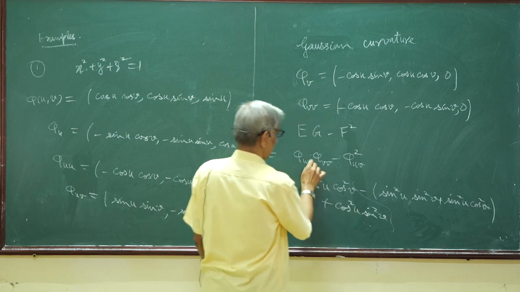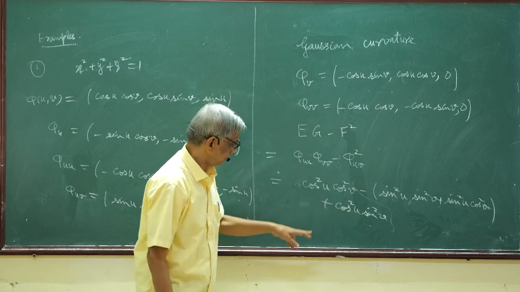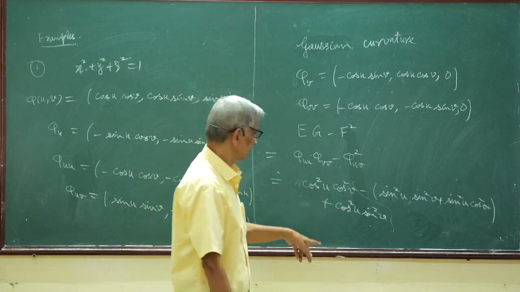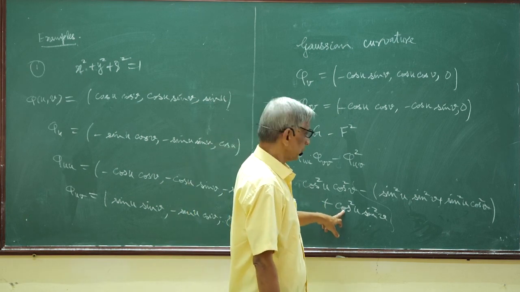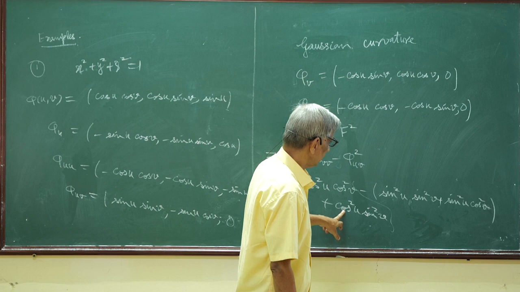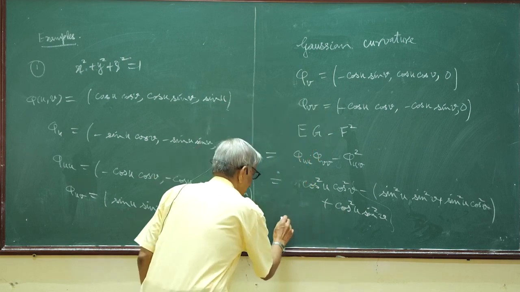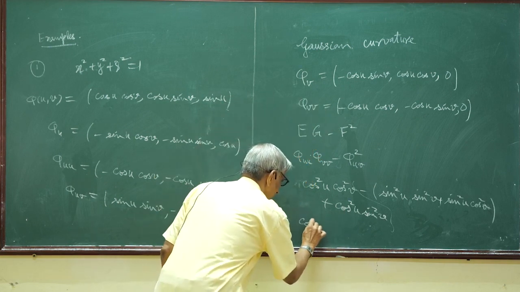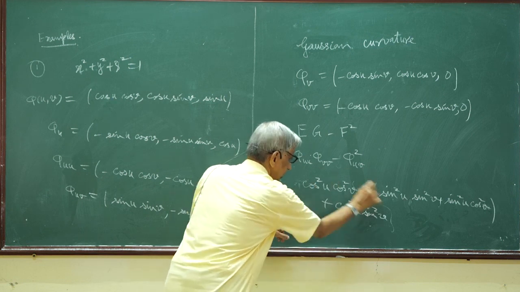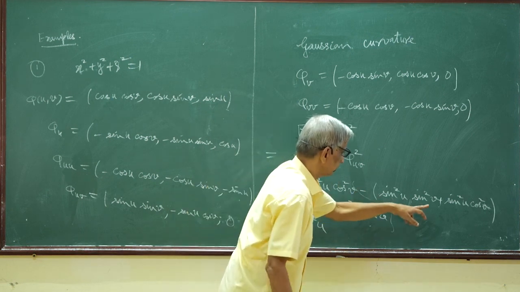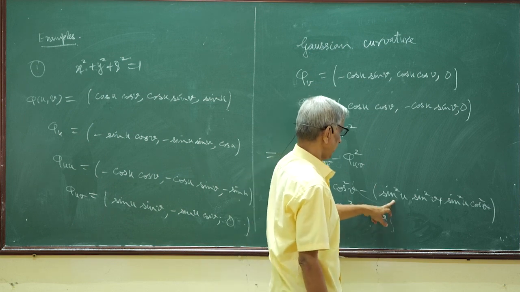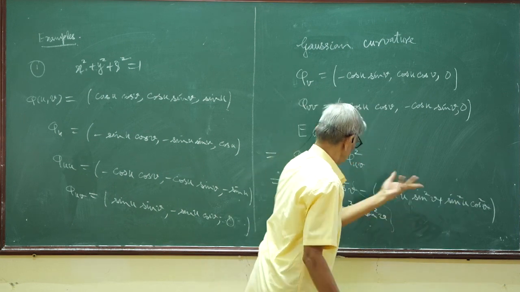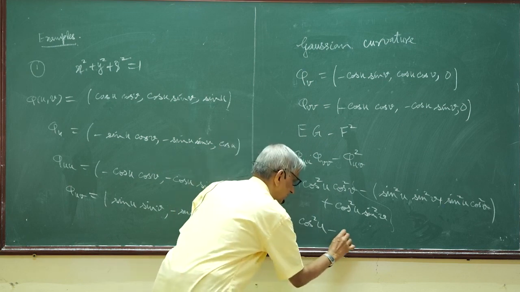So this comes from this. Is it okay now? So this is going to be cos square u. So what do you get therefore? Cos square u. So this is what you get from this. Oh, minus sin square u, minus sin square u. That's all.